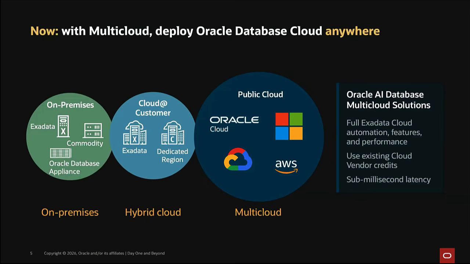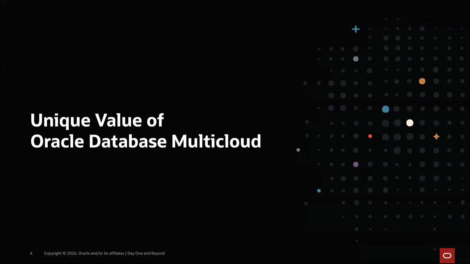And the great thing is you can use your existing cloud vendor credits, or we also have multi-cloud credits where you can have a contract from Oracle and use those cloud credits in any cloud that you want to run your workload in. Now, the most important part of this whole solution is that you're able to have your database and your applications that are important to the business in very close proximity, giving you sub-millisecond latency. And that's very important for a lot of applications.